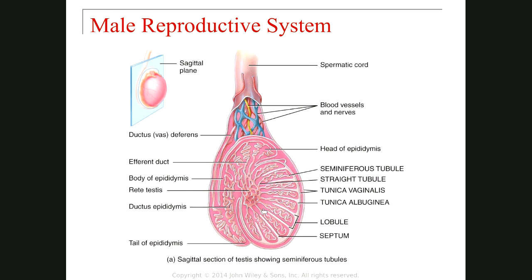These fibers make septa and make compartments inside the testis. In each of these compartments, we have very coiled tubules. The number of these tubules in each room is 1 to 4. They are seminiferous tubules and they are responsible for making sperm.